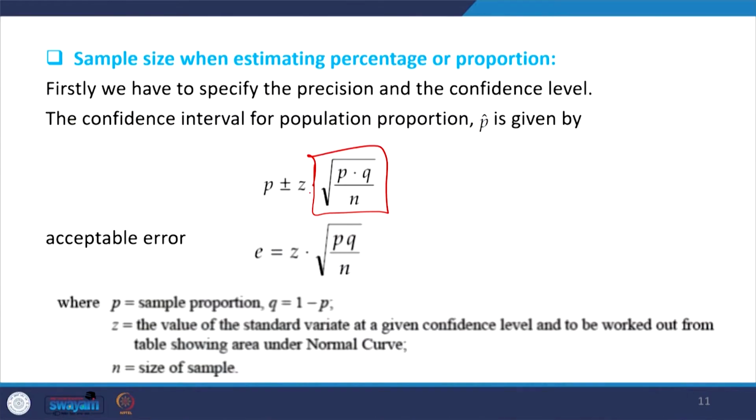When it is like a Poisson distribution, when this information is given, we can calculate the acceptable region. This is our acceptable region, our margin error, and E is equal to g times square root of pq by n. From this we can calculate the n value.